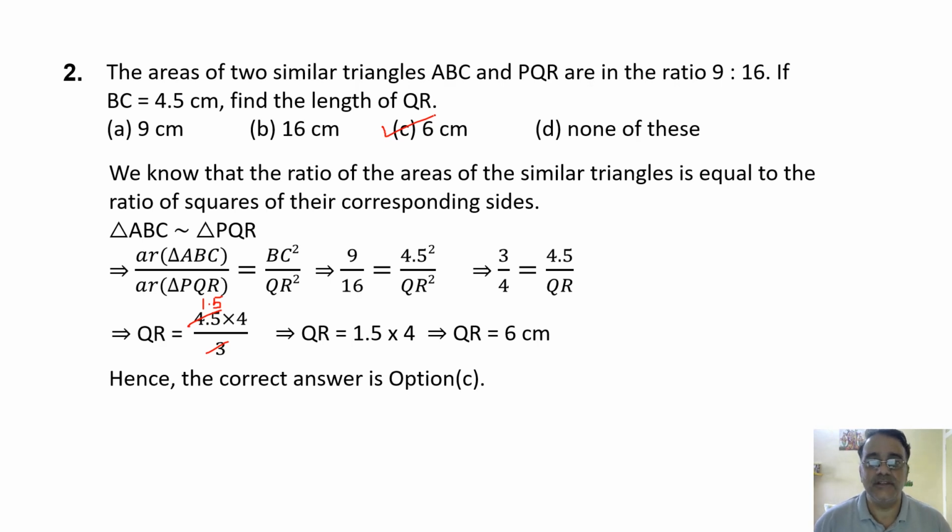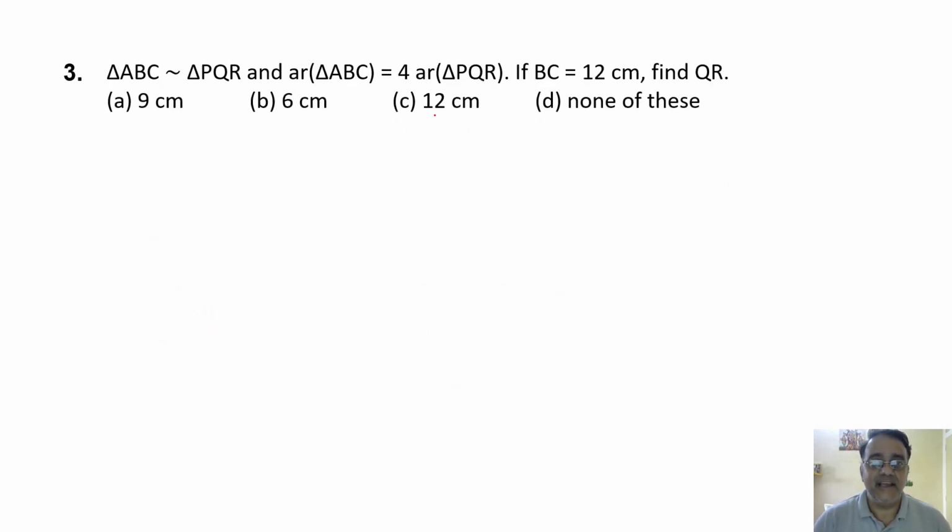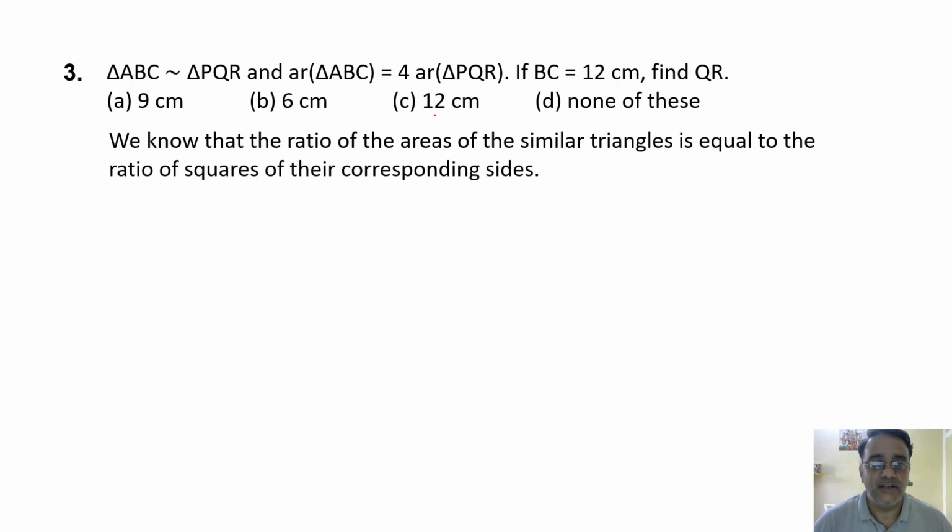Now we are moving toward the third question. Triangle ABC is similar to triangle PQR and the area of triangle ABC is equal to 4 times the area of triangle PQR. If BC is equal to 12 centimeter, find QR. We know that the ratio of the areas of two similar triangles is equal to the ratio of the square of their corresponding sides.